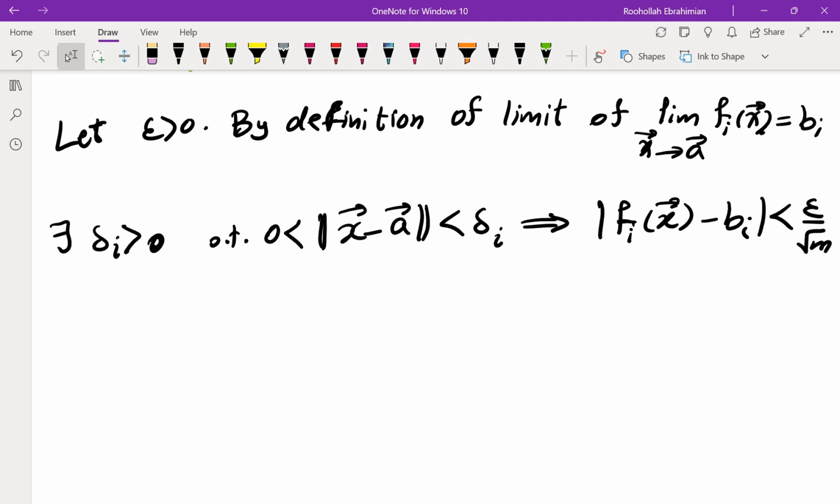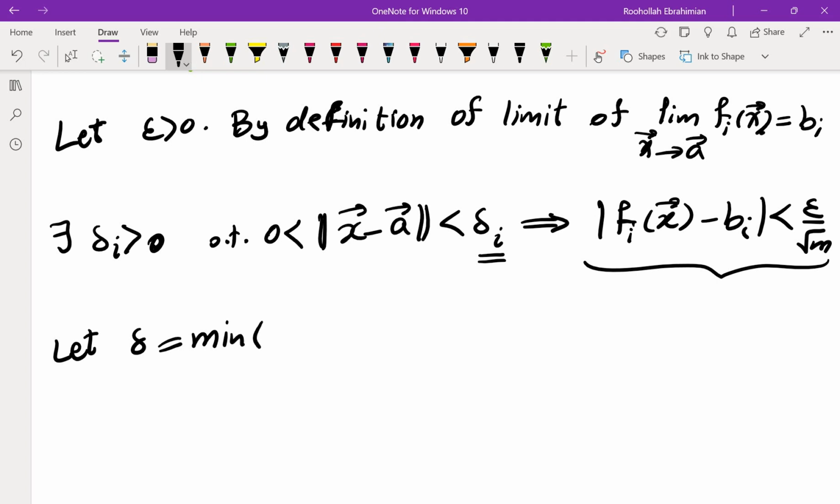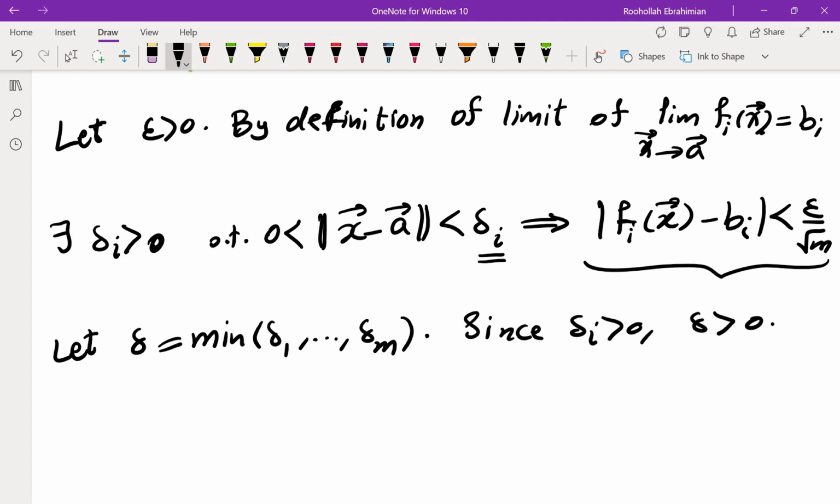Now, I will have to introduce my delta. I would need all of these inequalities to hold. So I would need my delta to be smaller than all of these. So now let delta be the minimum of all of these deltas, delta 1 all the way to delta m. Since each one of them is positive, delta would also be positive.